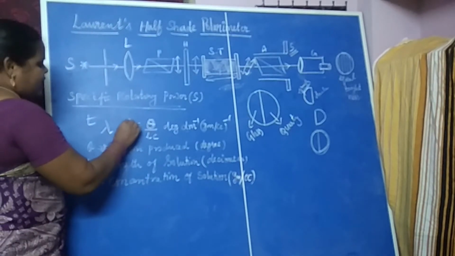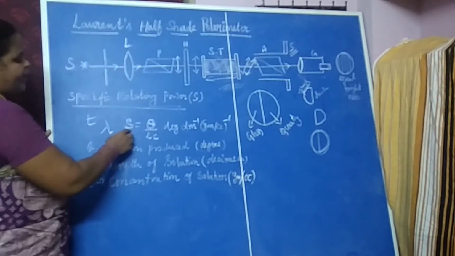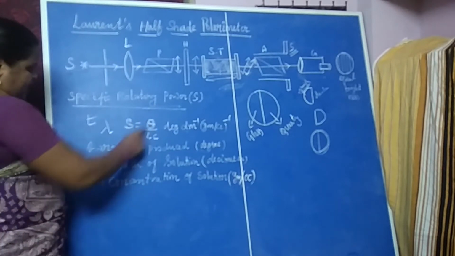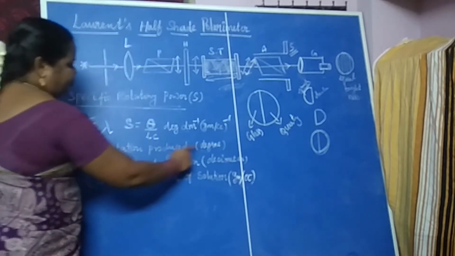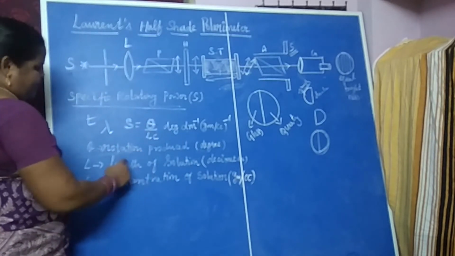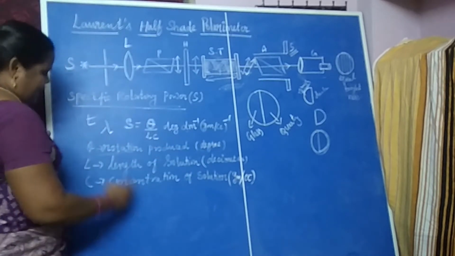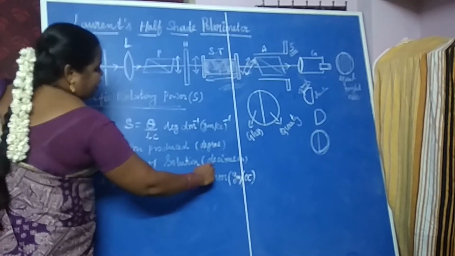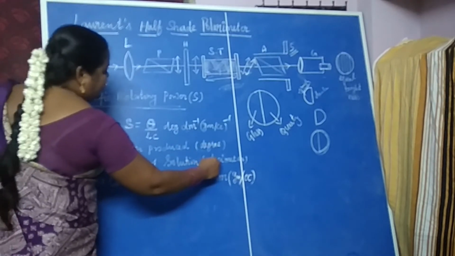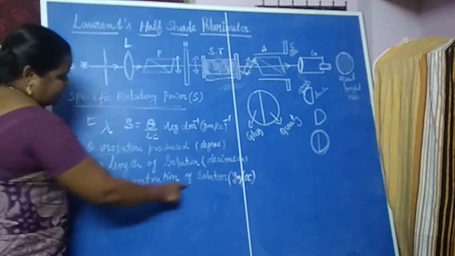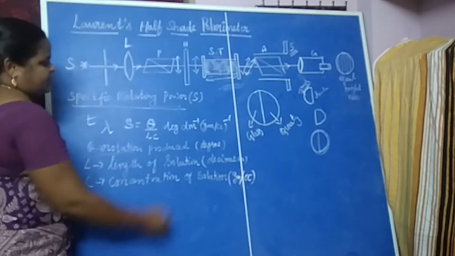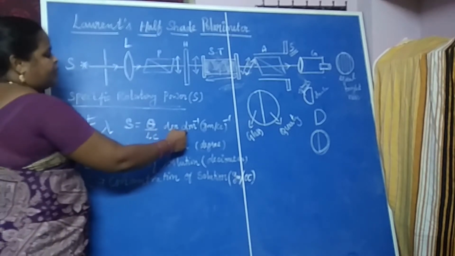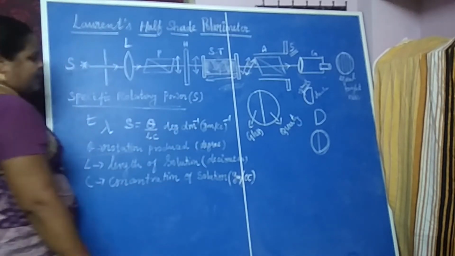We write the specific rotatory power S equal to theta divided by L into C. Here theta is the rotation produced by the solution, measured in degrees, the length of the solution is in decimeters, and the concentration of the solution is in gram per cc. So the unit for specific rotatory power is degree per decimeter per gram per cc.